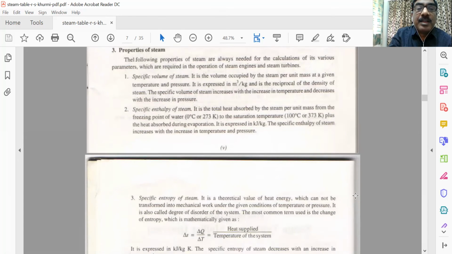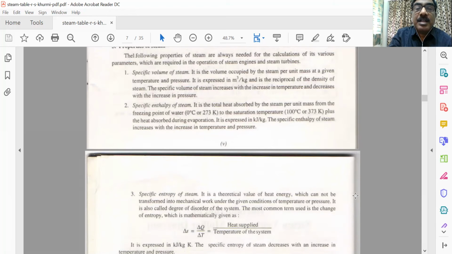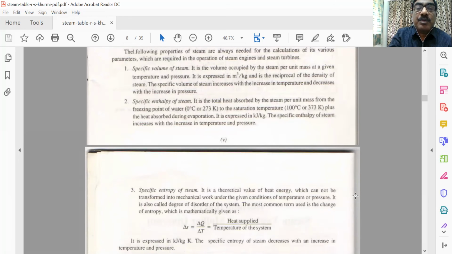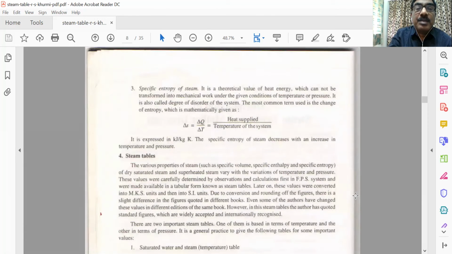And specific enthalpy. Specific enthalpy is the amount of enthalpy energy that is stored in the steam per unit mass. It is given in kilojoules per kg. And similarly, specific entropy of steam is the entropy within unit mass of the steam.